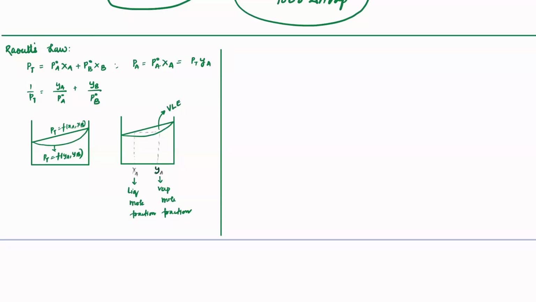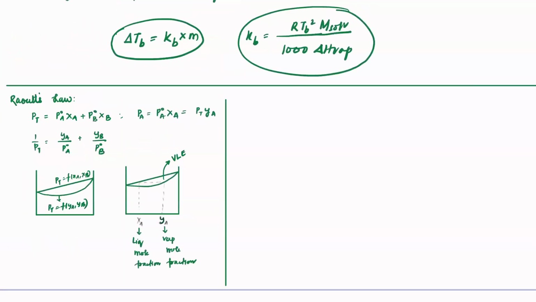Then we also learned there are ideal and positive and negative deviation solutions. That is positive deviation from Raoult's law, negative deviation from Raoult's law, and ideal solution, which follows Raoult's law.